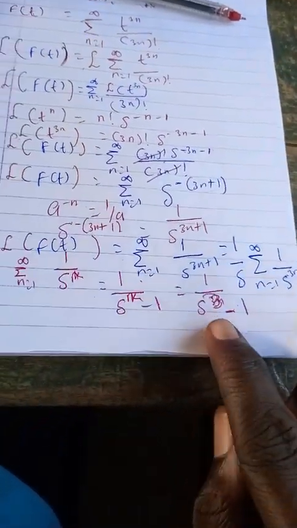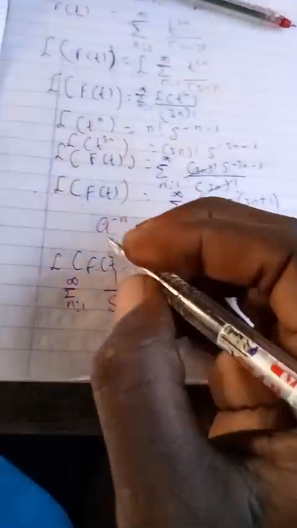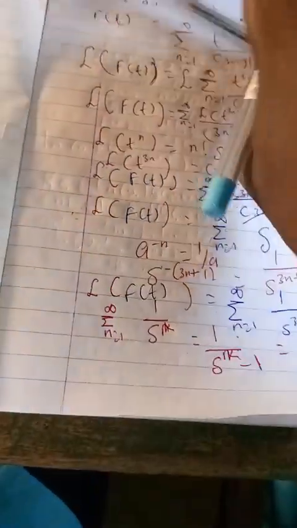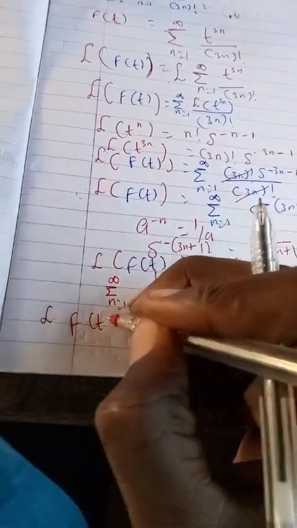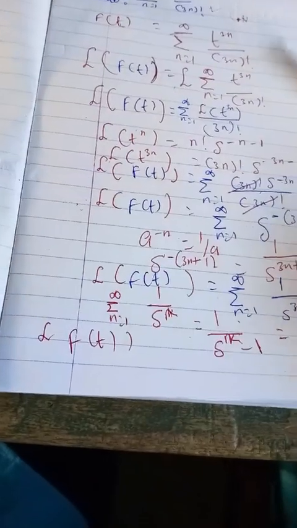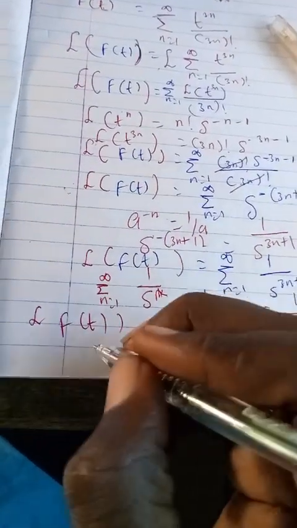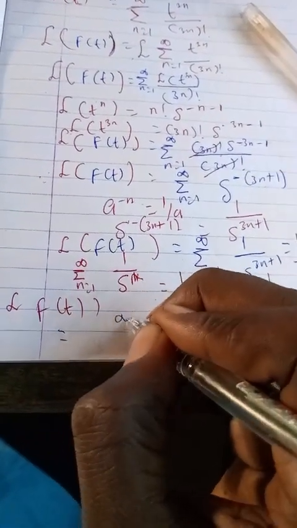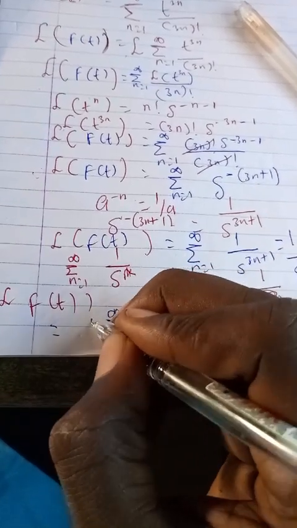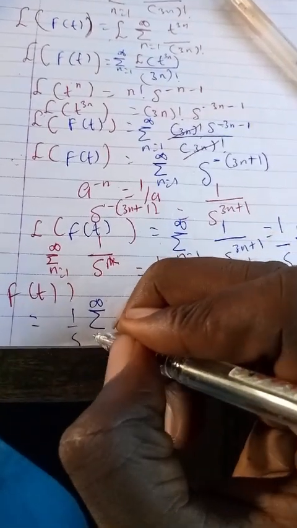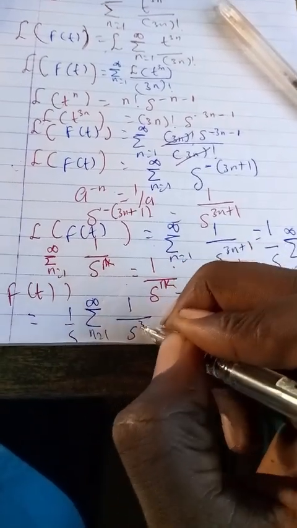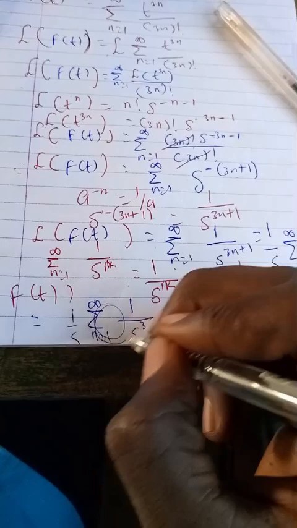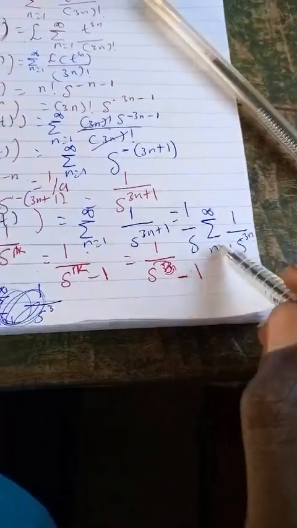So my series becomes: the Laplace of f of t is equal to 1 over s multiplied by the sum, which is 1 over s cubed minus 1. We are not writing the sum again because the sum of this gives us this.